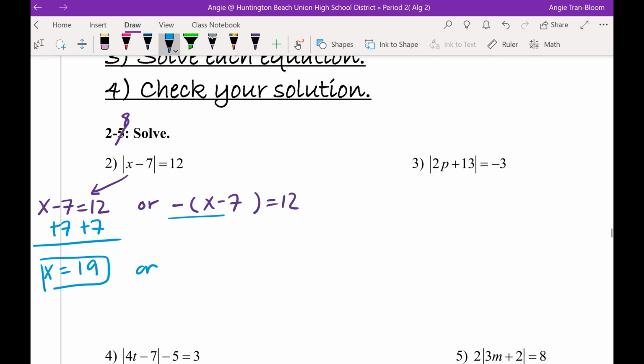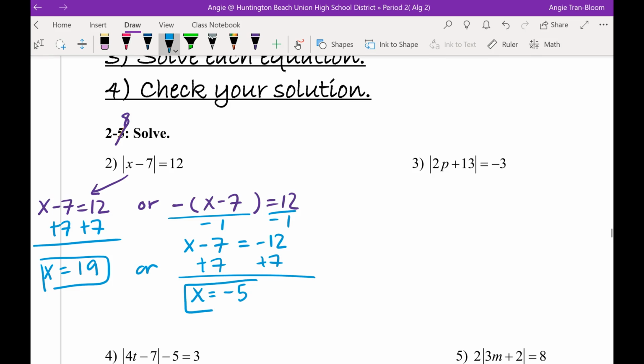Perfect. By the way, can I distribute as well? Yeah. So Hunter said divide both sides, so now I have x minus 7 equals -12. What's your next step, Hunter? Add 7 to both sides. Perfect. And then x is what, Hunter? Negative 5. Perfect.